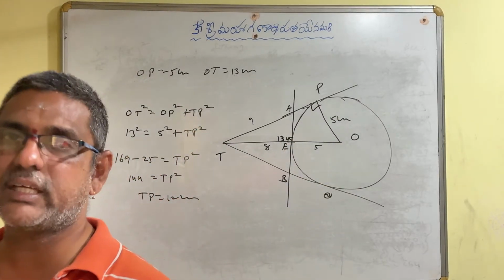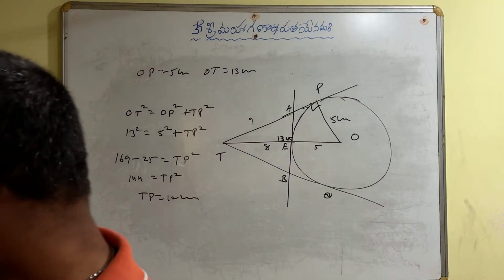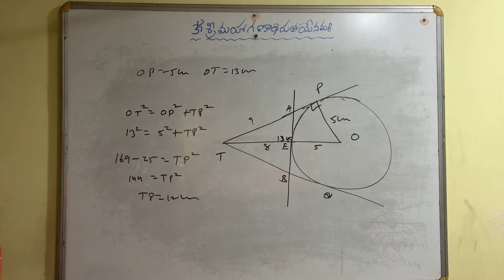They are similar to each other. Find out the length of AE, children. Triangle TPO and triangle TEA are similar. Write the ratios.